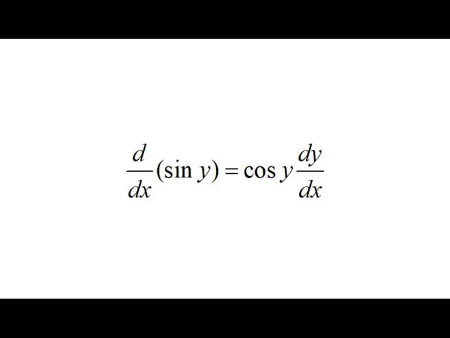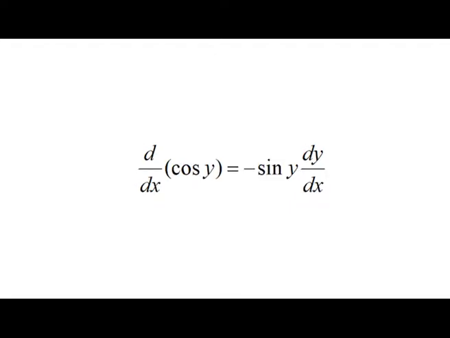With w equal to sin y, we have d by dx of sin y equal to cos y into dy by dx. Similarly, d by dx of cos y equal to minus sin y into dy by dx.